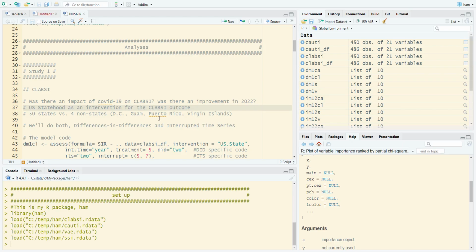Washington, D.C. is within the U.S., but just for the sake of this demonstration, we're going to consider it a non-state, even though the District of Columbia is within the United States. And so we're going to look at 50 states versus 4 non-states, D.C., Guam, Puerto Rico, and the Virgin Islands. We'll do both types of models that we can do in HAM within our causal models.